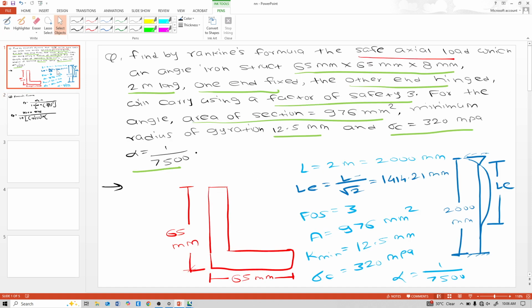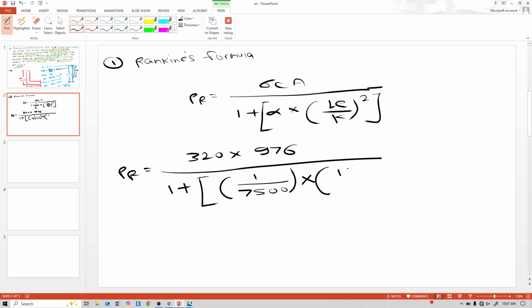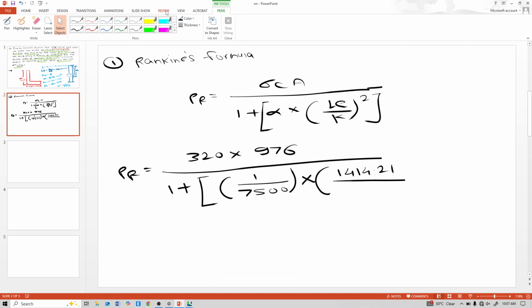Earlier we calculated L by root 2, as per boundary conditions, one end fixed, one end hinged, that means L by root 2, and L is 2000 divided by root 2, that means 1414.21. K is a given quantity, so this K is 12.5 mm, and square of it.